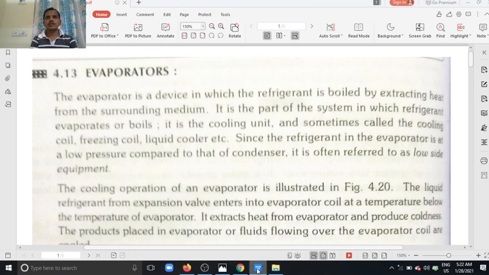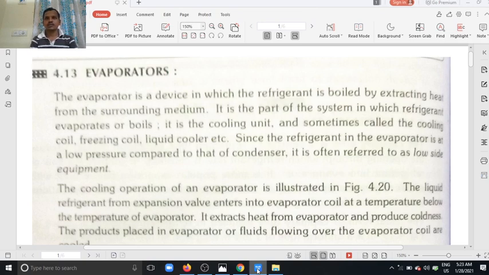Refrigerant entering into the evaporator from the expansion valve has low pressure and low temperature compared to the evaporator. So with that low temperature, low pressure refrigerant entering into the evaporator, it absorbs the heat from the evaporator and changes its phase, if it absorbs the latent heat.